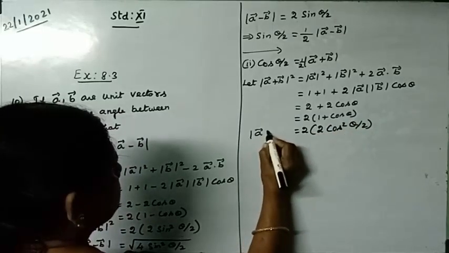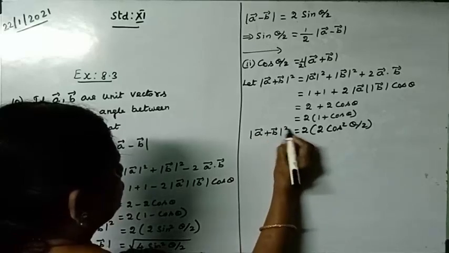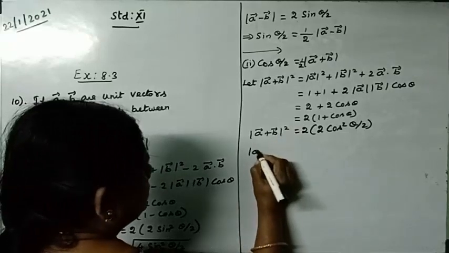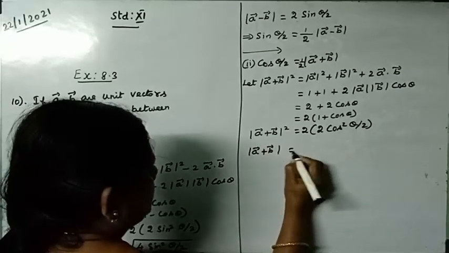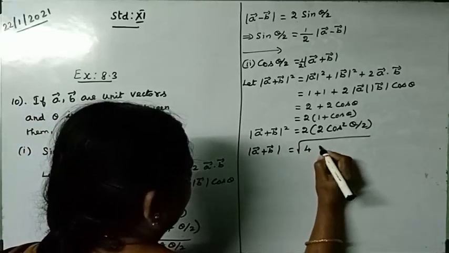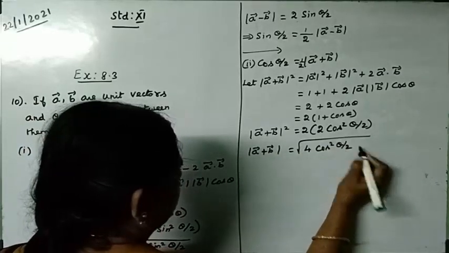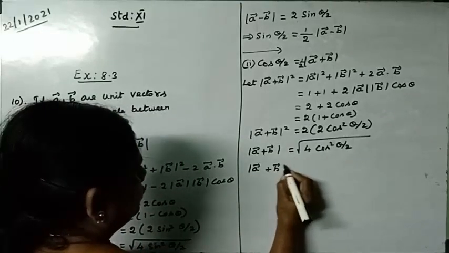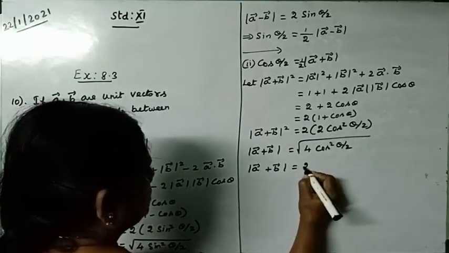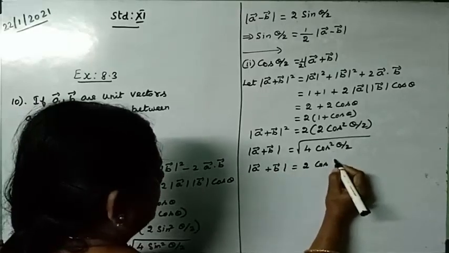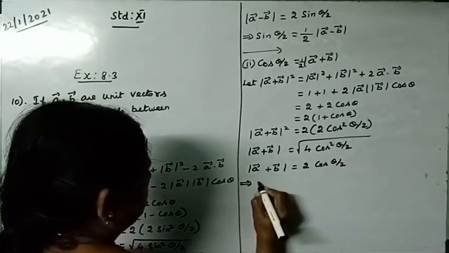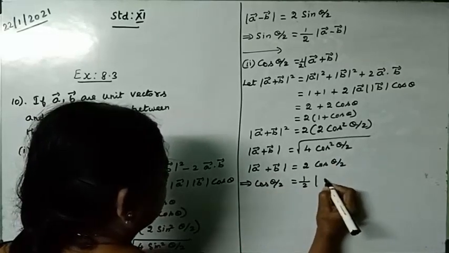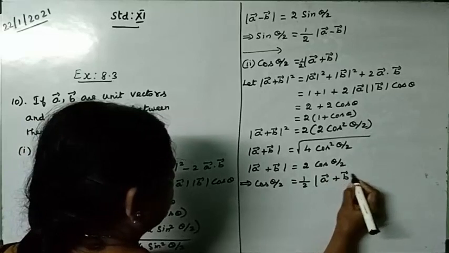So (A plus B) the whole square, therefore modulus of A vector plus B vector is equal to the square root of 4 cos square theta by 2. Taking the numbers out of the square root, square root of 4 is 2, so it implies cos theta by 2 is equal to 1 by 2 into modulus of A vector plus B vector.